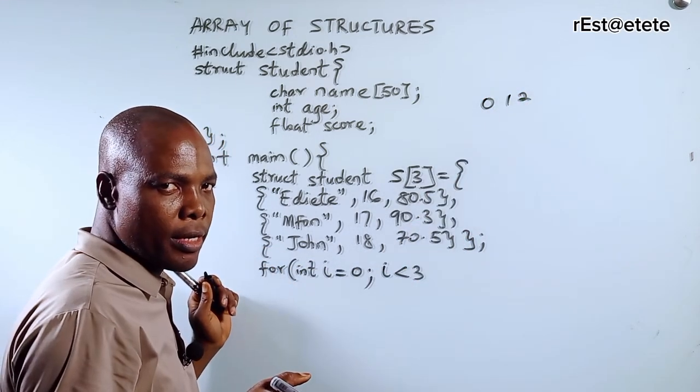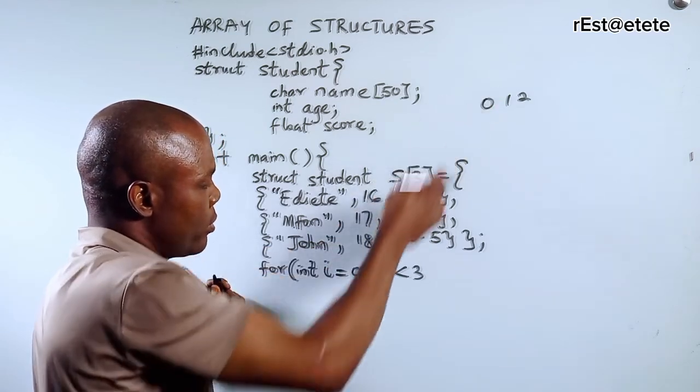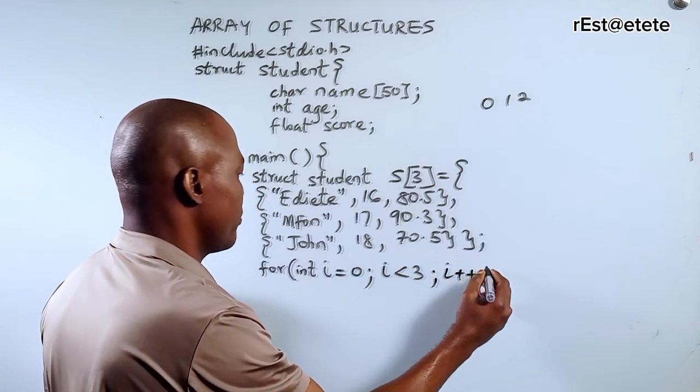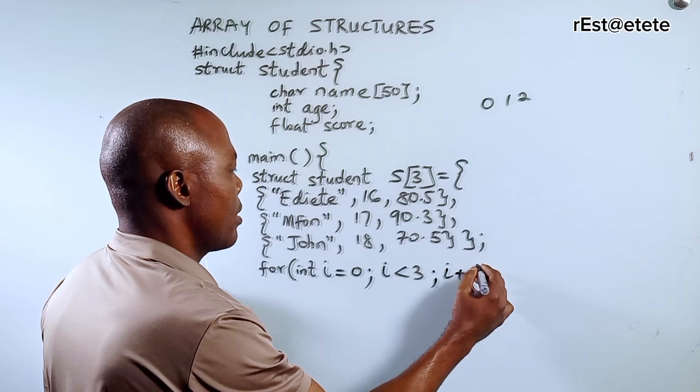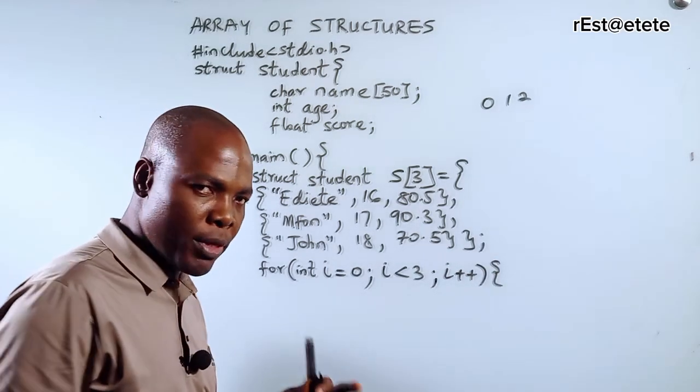Every base system starts from 0 base. So we are starting from 0. So i less than 3. Then i plus plus. We'll close this.